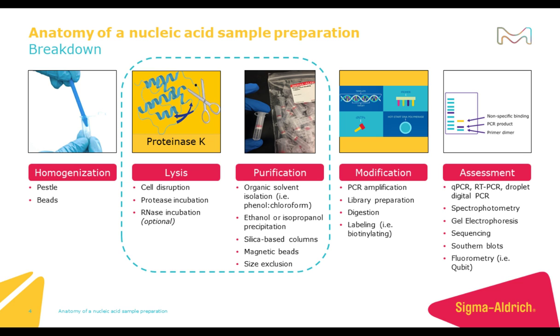Purification is the choice of method for separating and isolating the biomolecule of interest. There are several ways of performing this process, and I will dive into some of the more common workflows later in this presentation. Modification is the process of making changes to the nucleic acid that allows for the final step, which is assessment.